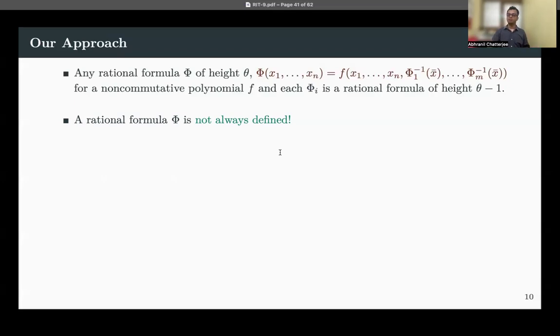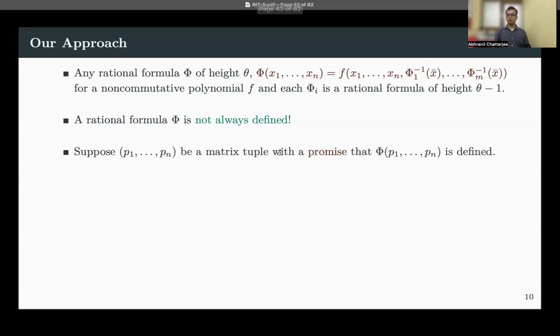Therefore, phi will not be defined. We consider a special case where a matrix tuple P1 to Pn is given to us for free, such that phi is defined on P1 to Pn. Again, notice that phi is not always defined. Here it is given to us for free.